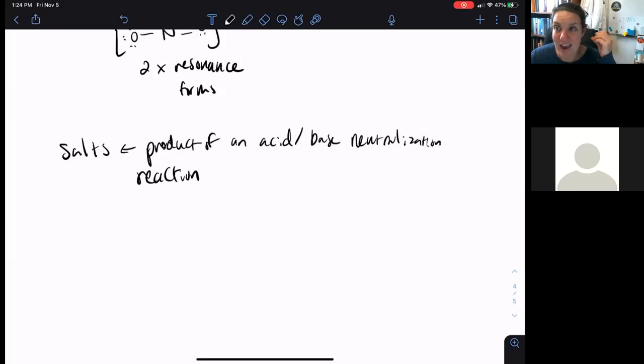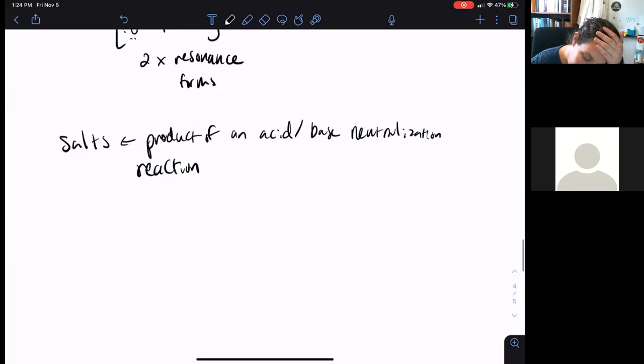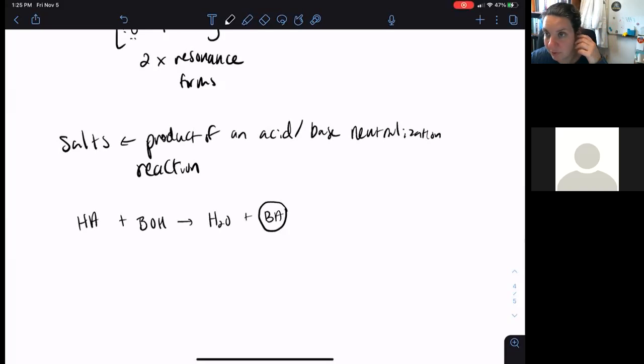Now we're going to look at adding an acid to a base or a base to an acid. The most common base for these neutralization reactions is a hydroxide base. So we can have HA plus BOH goes to H2O plus BA. So this is a salt that we're talking about.